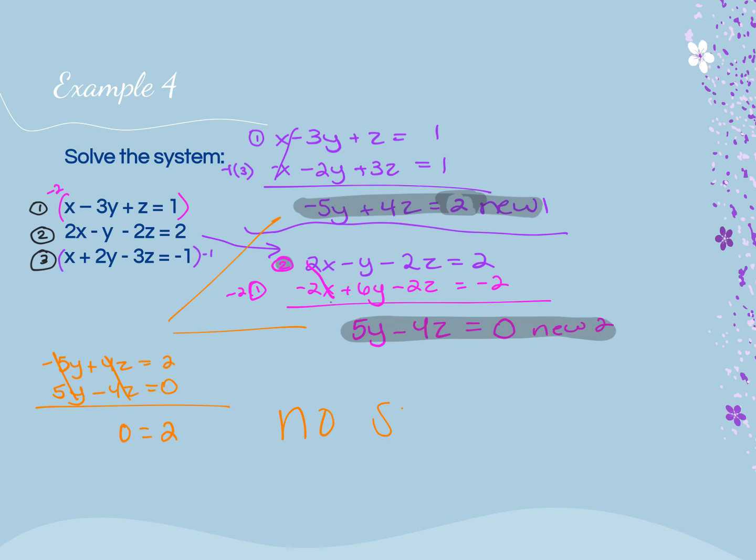So just like before, if it happens anywhere in here that it doesn't work, it's no solution. The all real numbers case you have to be careful with because it has to cancel twice. You can't just pair 2 equations; I have to make sure it happens with the new 1 and the new 2 for it to cancel.